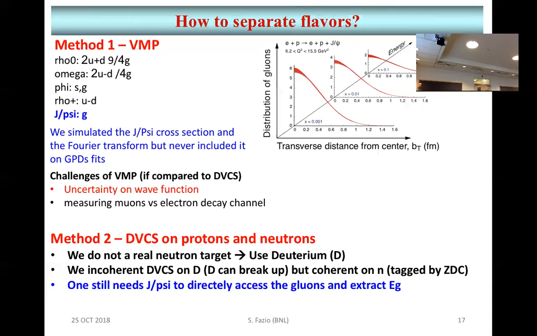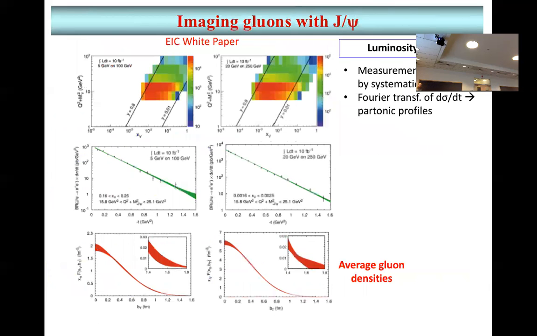So what was done here, basically, is this: you simulate a measurement at an EIC of the differential cross-section of the J/psi, and you Fourier transform it, and it gives you, if it's a J/psi, I can safely assume, an average density of gluons. And you can see how precisely you can constrain this even at large impact parameters.